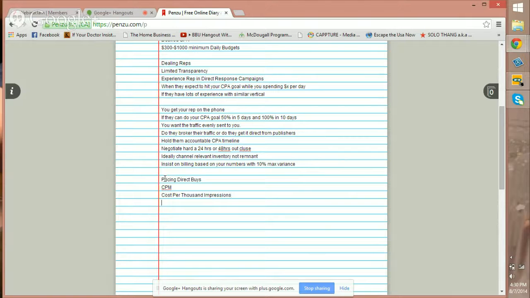And others actually do what we call CPC, which stands for cost per click.